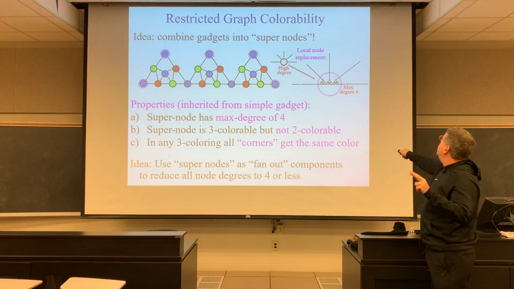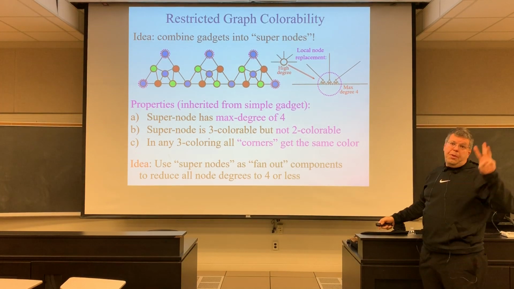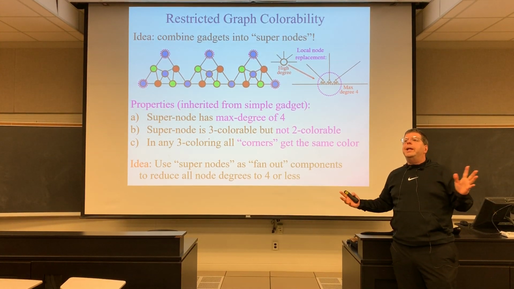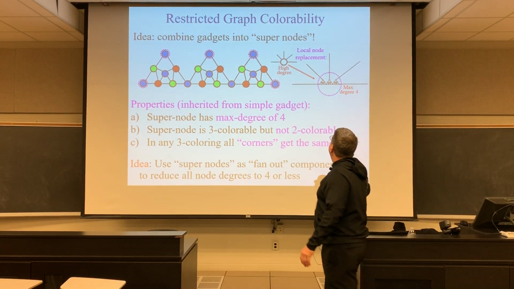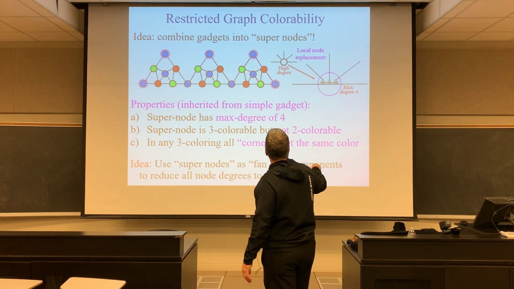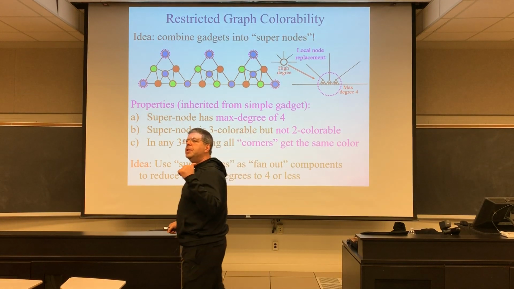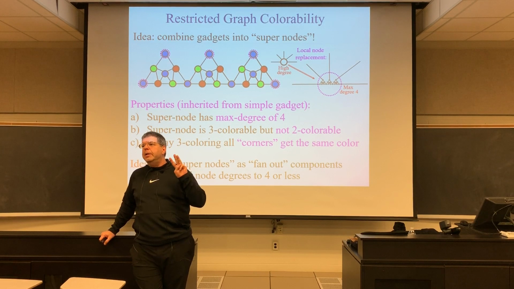So if I connect an external node to it, the degree goes to 3, and the degree everywhere else in the gadget remains the same because I'm not connecting anything to the internal pieces of the gadget, just to these endpoints. So the degree is at most 4, not 5 anymore, in the neighborhood of this node. And I can do this replacement for every node that has degree higher than 4.